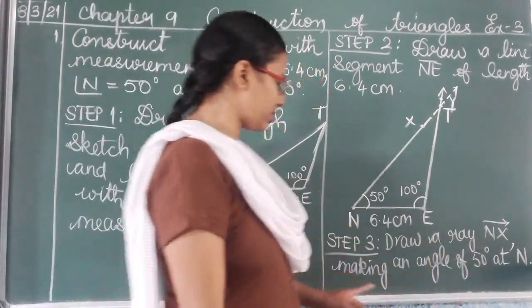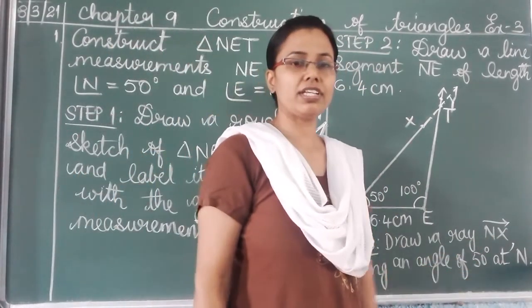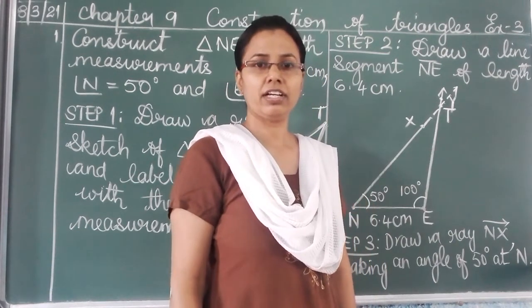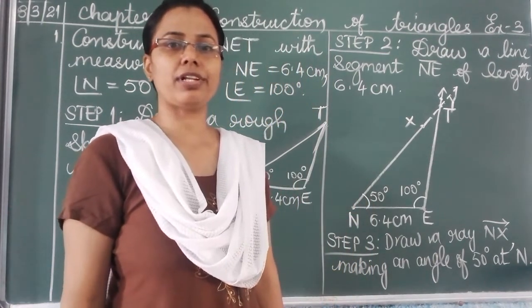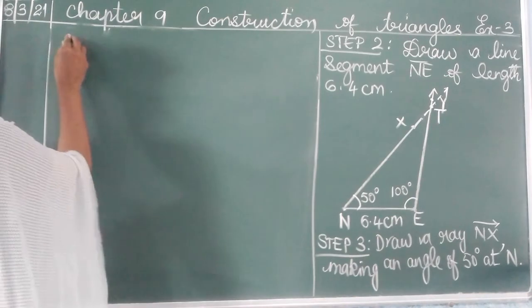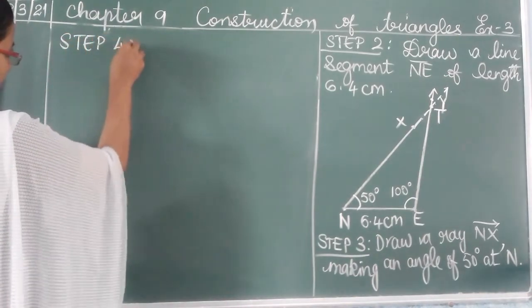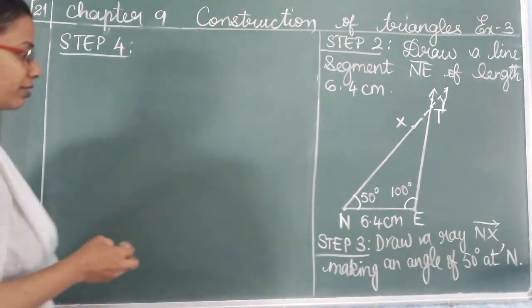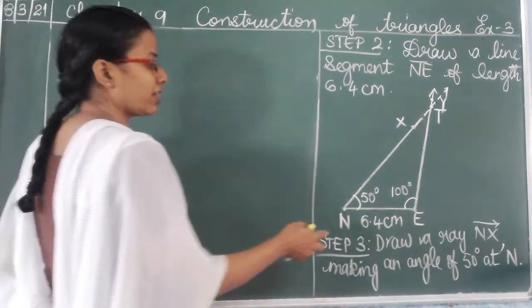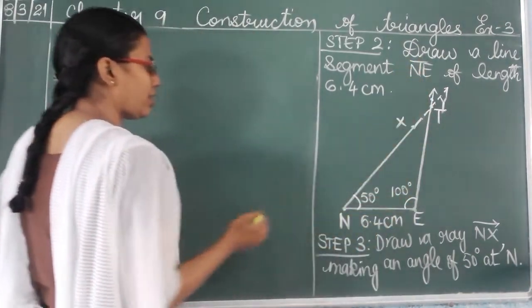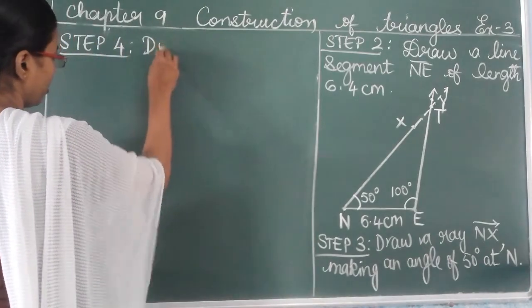Draw a ray NX making an angle of 50 degrees at N. Clear? Copy this in your class workbooks, children. Step 4. What is step 4 that we did? Step 4 was drawing an angle. Draw a ray.